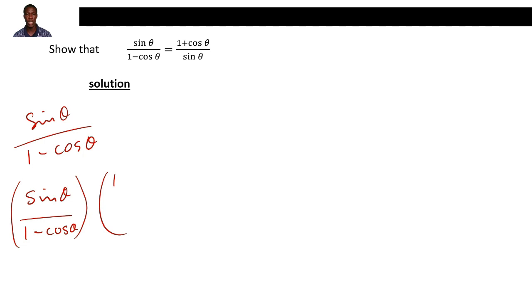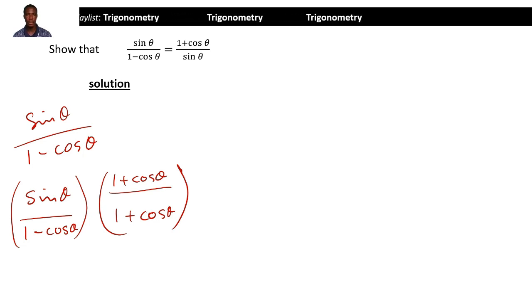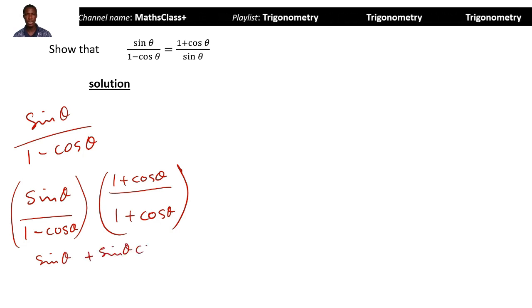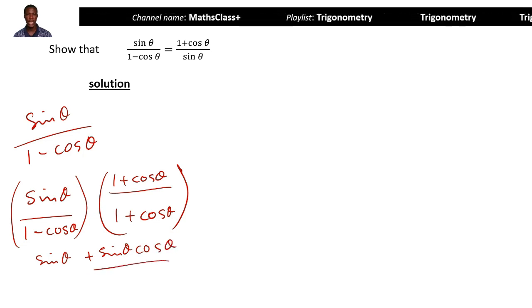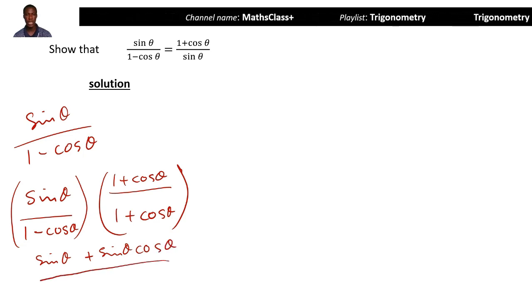So I'll have it as 1 plus cos theta divided by 1 plus cos theta. So when I do the multiplication, I'm going to obtain sine theta plus sine theta cos theta divided by, so this one will be difference of 2 squares, which happens to be 1 minus cos squared theta.